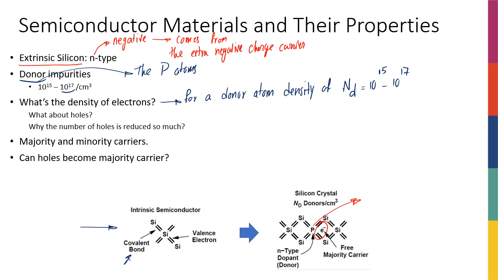I would say the number of electrons, or the density of electrons, n, is pretty much equal to ND.